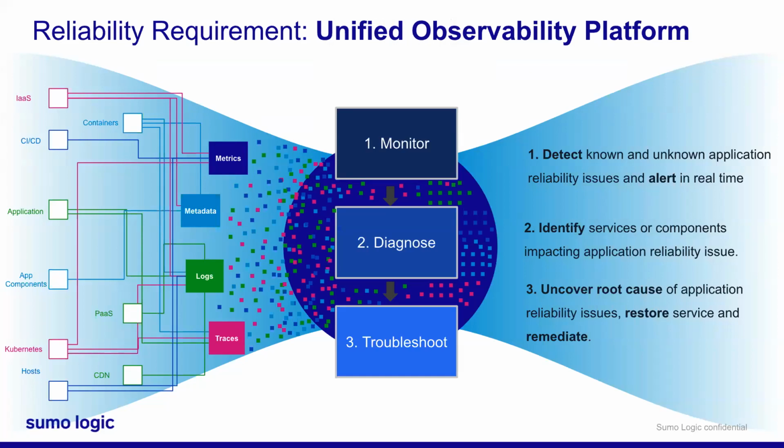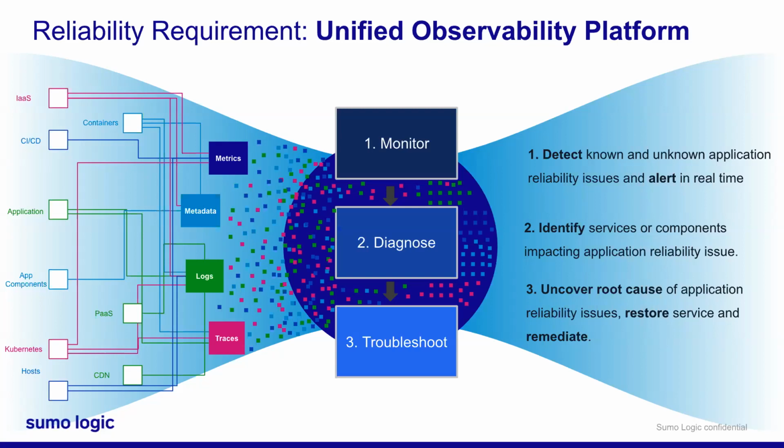So what is required to ensure a highly observable and available platform? There are two key requirements. One, you need the ability to collect all signals: the logs, metrics, and traces.